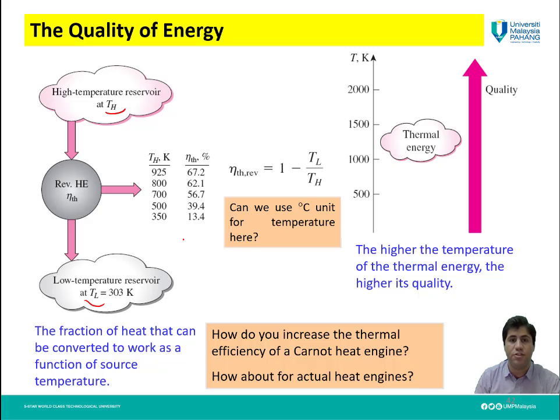So as you can see here, the temperature of the reservoir is effective on the thermal efficiency of the heat engine. As you can see here, by this equation, as I told you, we can calculate the thermal efficiency of the Carnot heat engine, and reduction of this or increase of this will increase the thermal efficiency. And this is what you can see here.